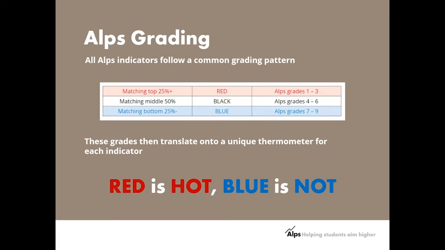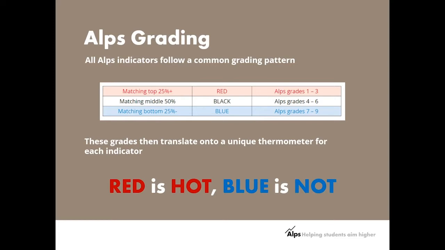So I'm going to talk through all of that, but in terms of how we look at the grades then, you've got these colours. So red, black and blue are our colours, and that's because they're built on a thermometer, which we're going to look at on the next slide. But if you are red for any of your indicators, this is good news.